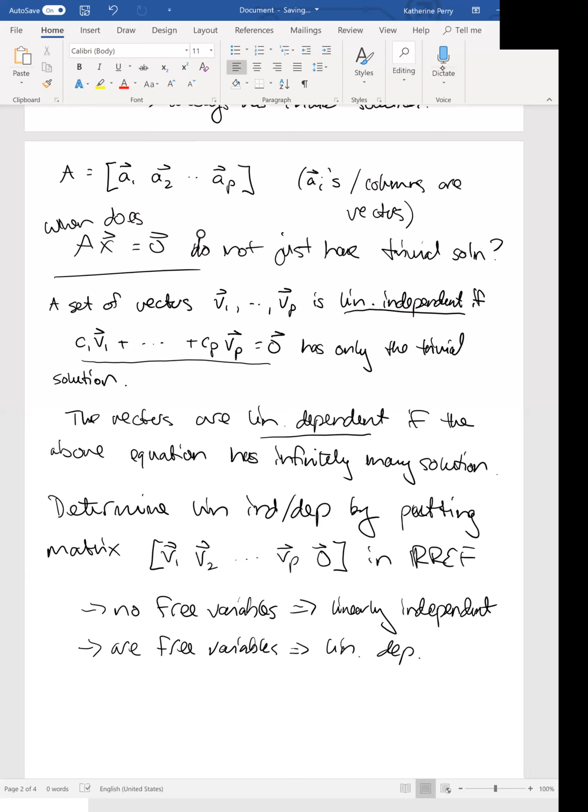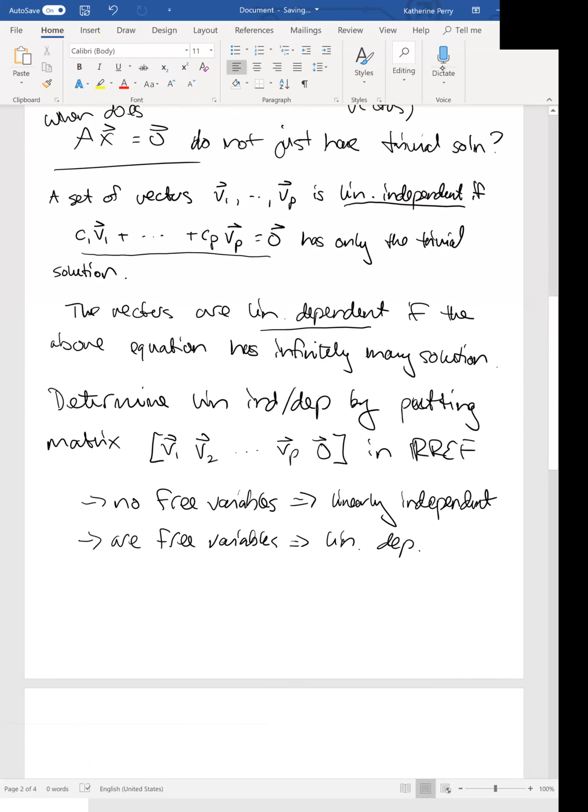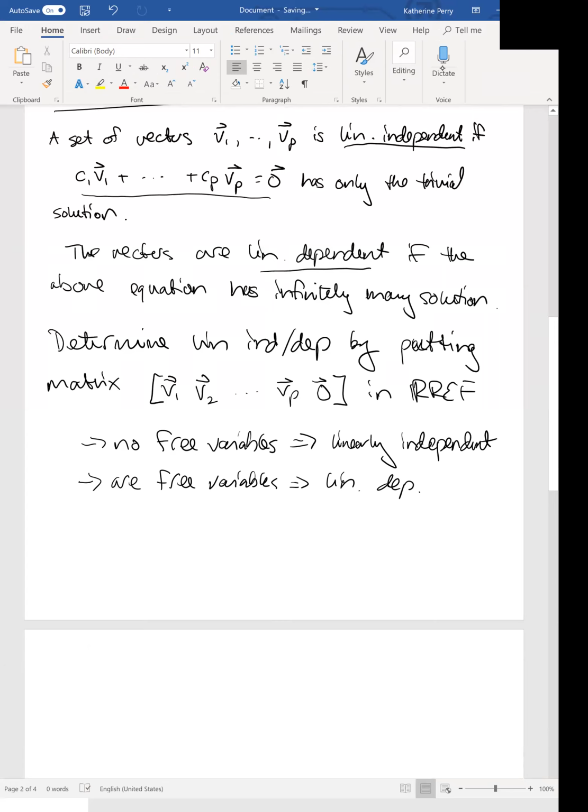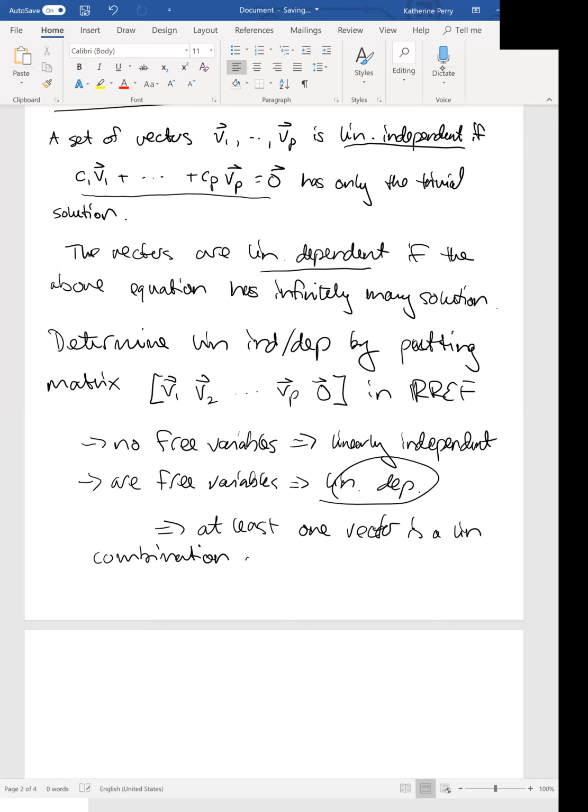We also made a couple of observations about being linearly dependent. If this is the case, then that implies a couple of things. The first is that at least one of the vectors is a linear combination of the others.